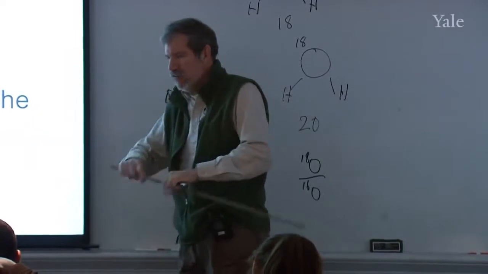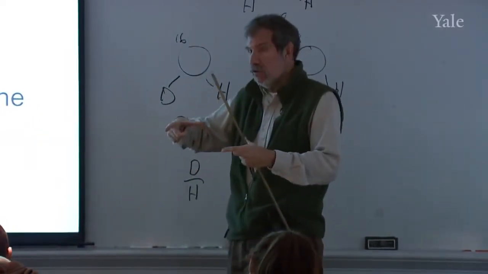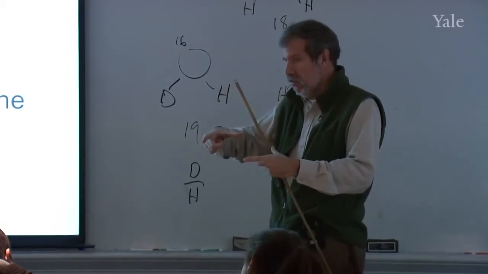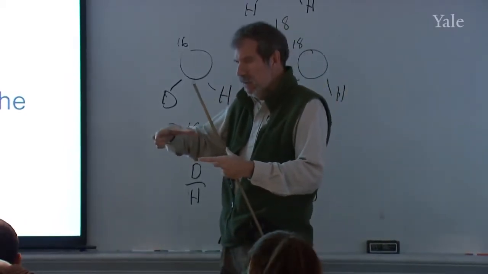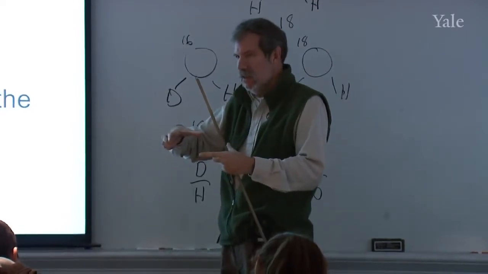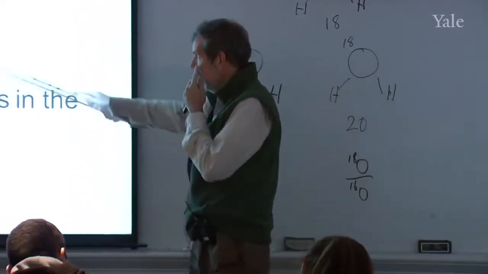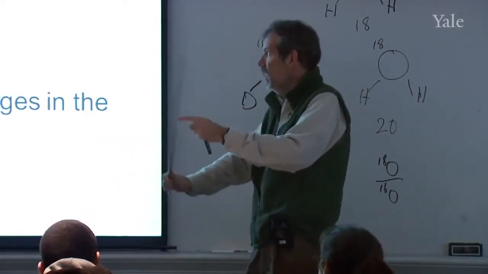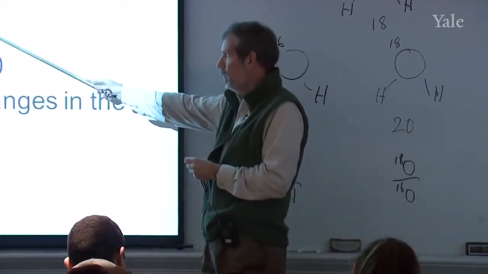And the third is the eccentricity of the Earth's orbit. You know that the Earth's orbit around the sun is not exactly circular. It has a little bit of eccentricity to it, and the amount of that eccentricity has been changing slowly with time.